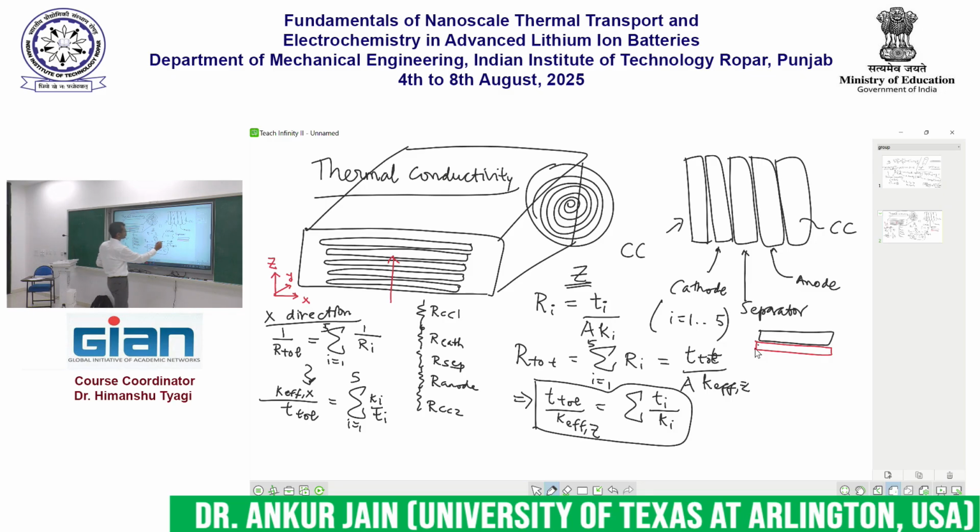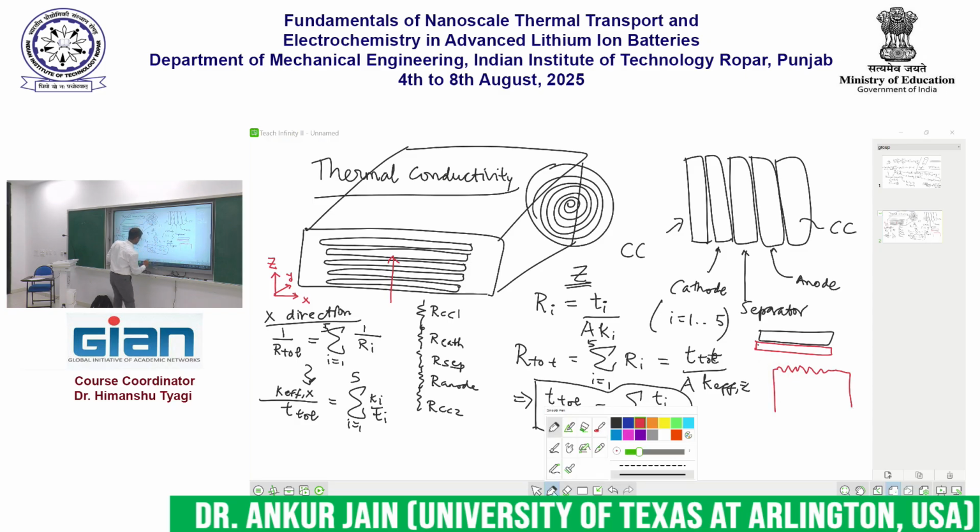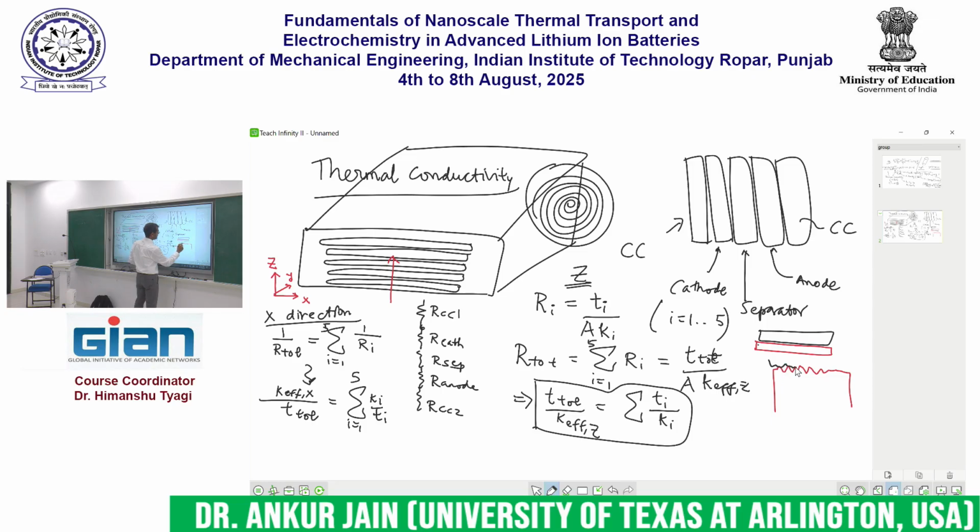In other words, if I was to zoom in here, the actual contact region will look like this. So the two materials are in practice touching each other not over the entire area, but over a smaller fraction of the area.